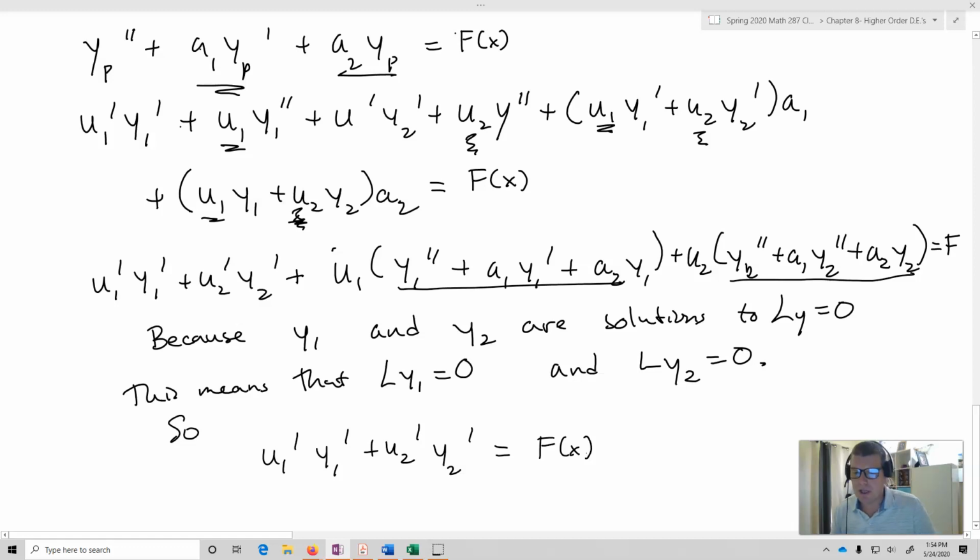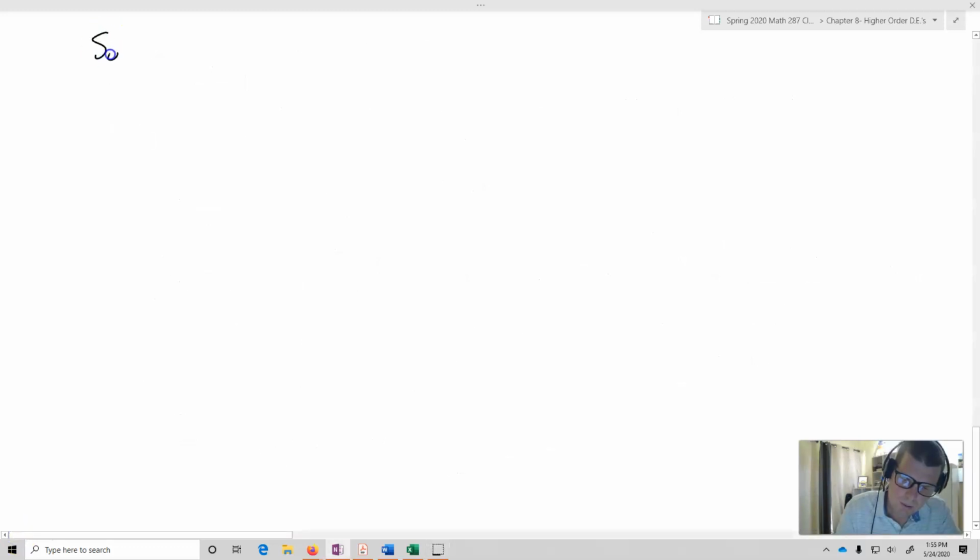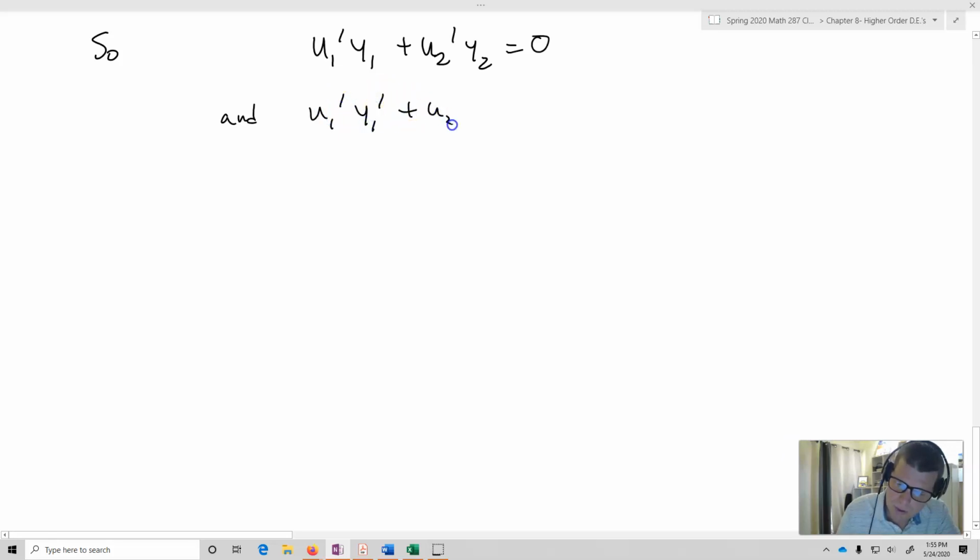What we're going to do is use that function and the constraint to construct a system of equations for u1 prime and u2 prime. So let's take a look at that. What we have now is first u1 prime y1 plus u2 prime y2 equals 0. That was our constraint. And u1 prime y1 prime plus u2 prime y2 prime equals f of x.